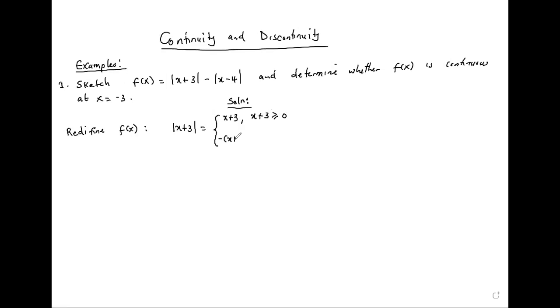This is negative x plus 3 when x plus 3 is less than 0. But this is x plus 3 when x is greater or equal to -3. This is negative x minus 3 when x is less than -3. You also get x minus 4.